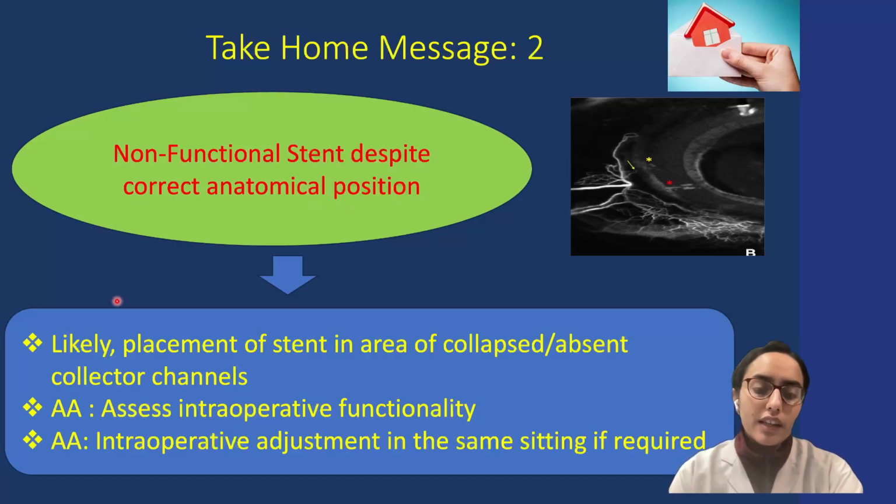This can be likely due to placement of the stent in the area of collapsed or absent collector channels. Here, aqueous angiography may be beneficial as it can assess intraoperative functionality and allow for adjustment of the stent in the same sitting if required.